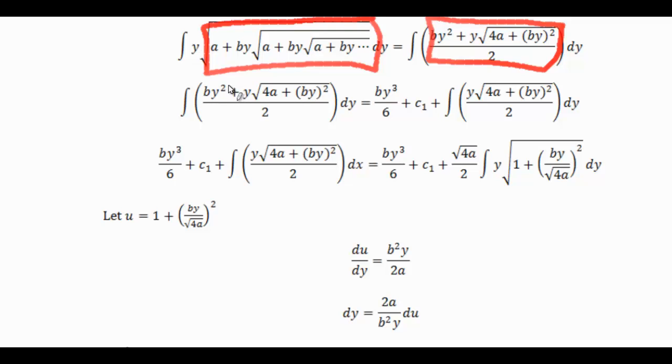Now, this bit here over 2 is very easy to integrate, and we can just take the antiderivative here using the power rule, and we get that simple section. So we have about half of the integral done now. Now here, we have to find a way to manipulate this to make our integration a little easier.